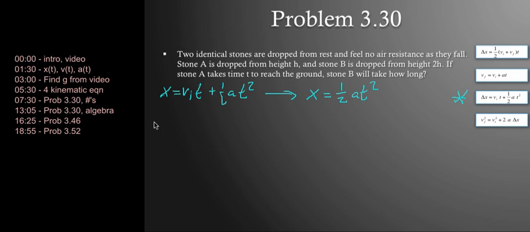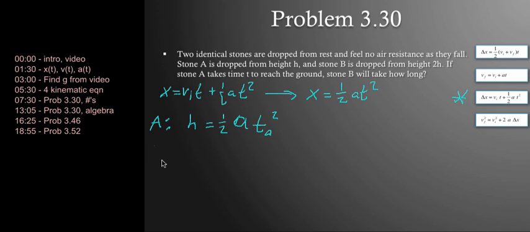And so what we know is, let's look at a. So x_A is h, and then now we have this 1/2, and now we have a, and then t squared, so t_A squared, which we could have just written as t, since we wanted to solve b in terms of that.